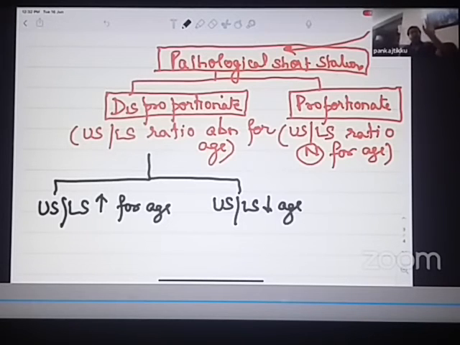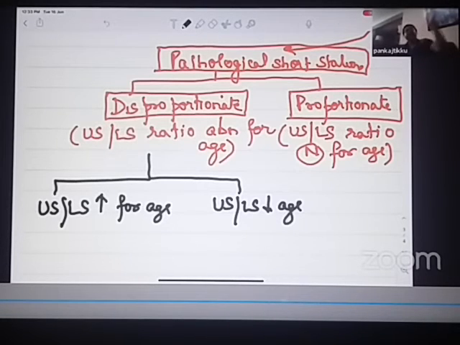The upper segment to the lower segment ratio for a particular age is normal for that age. I'll give you an example. The upper segment to lower segment ratio we know for a 3-year-old child is 1.3. So what is the ratio for a 3-year-old child? It is 1.3. If this short stature child also has a ratio of 1.3, he's short, but when I take his upper segment and lower segment ratio, it is 1.3, he has a proportionate short stature.